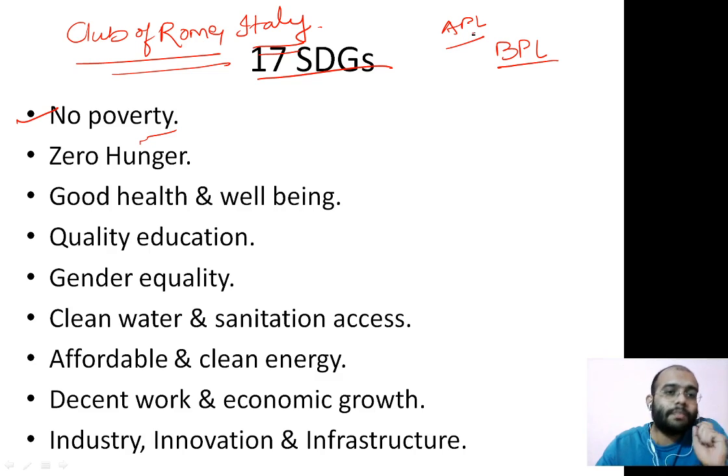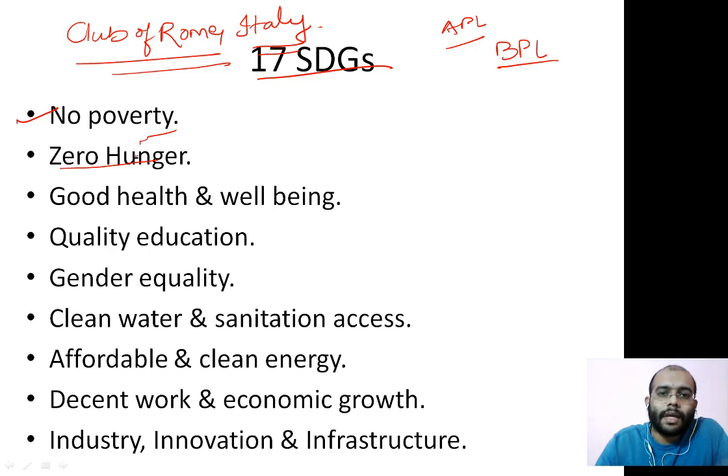Remember these goals because they will be helpful in your mains answer writing, as well as in getting some answers in your prelims. No poverty. Zero hunger: the second one is eliminating hunger.